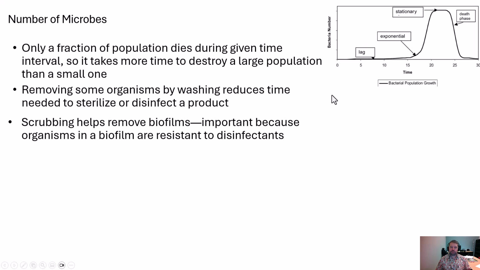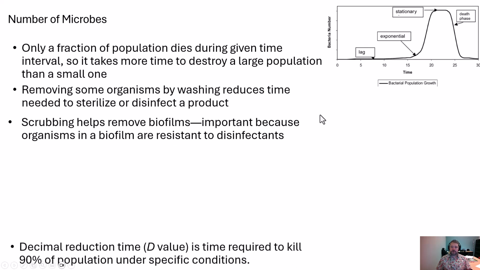And so if they're later in and they're starting to build biofilms, or they're starting to build secondary metabolites, scrubbing helps remove those biofilms, helps open up the population to whatever method we're going to use for sterilization or disinfection.